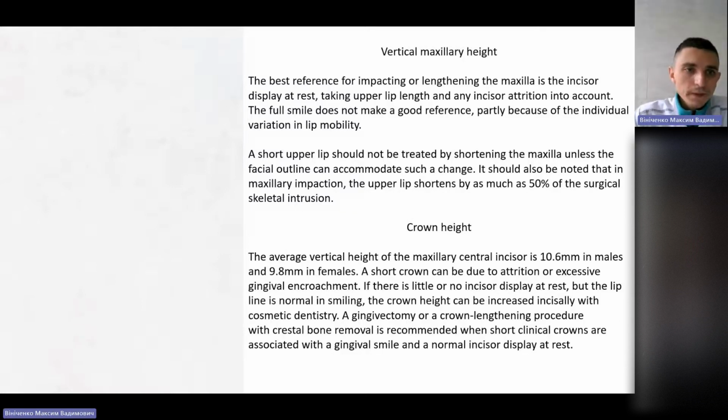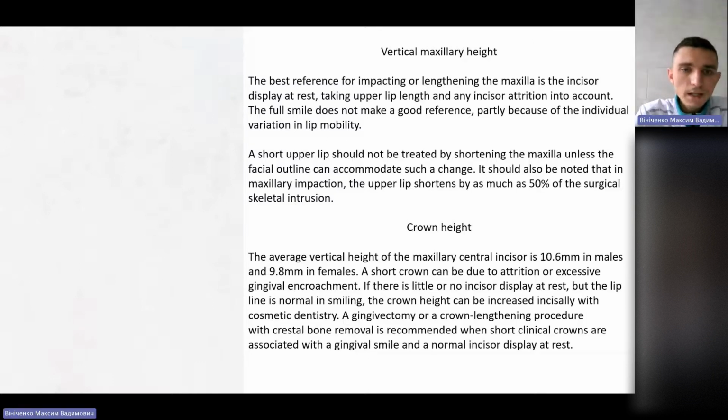Crown height. The average vertical height of the maxillary central incisor is about 10.6 millimeters in males and 9.8 millimeters in females. A short crown can be due to attrition or excessive gingival encroachment if there is little or no incisor display at rest, but the lip line is normal and smiling.